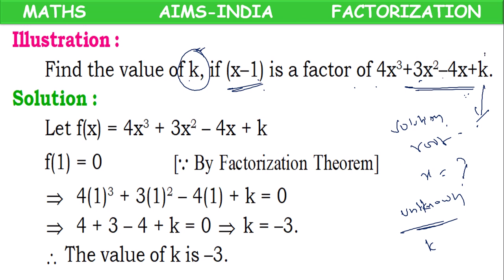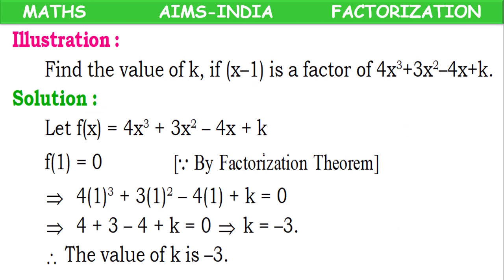So let us assume this expression as f of x. Let f of x equal to 4x cube plus 3x square minus 4x plus k. Now they have given x minus 1 is a factor.